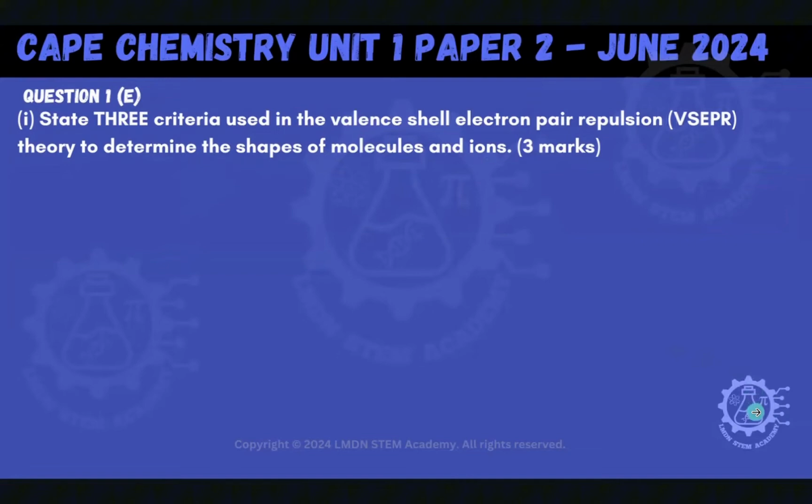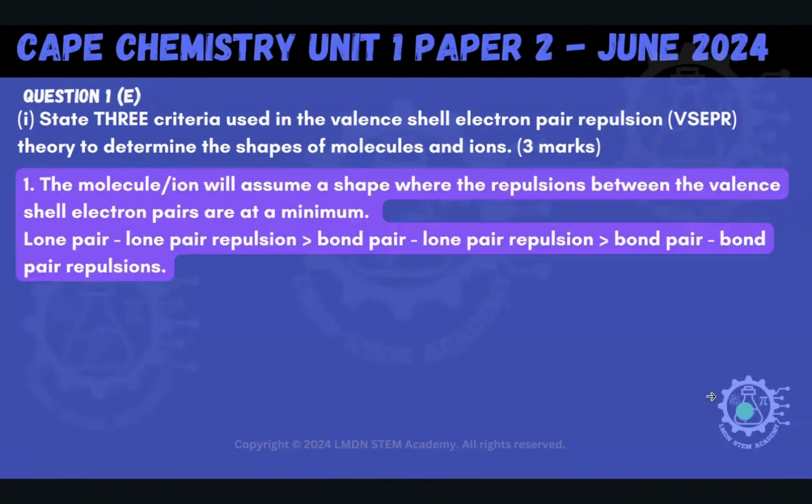And so the first criteria in VSEPR theory is that the molecule or ion in question, right, will assume a shape where the repulsion between the valence shell electron pairs is at a minimum, right? Electrons are negatively charged. They're not going to want to be squished up against each other. So they're going to repel and go as far as they possibly can to minimize that repulsion. And that will dictate the shape.